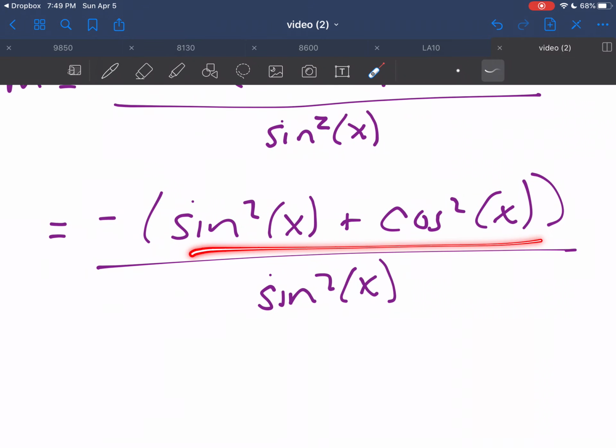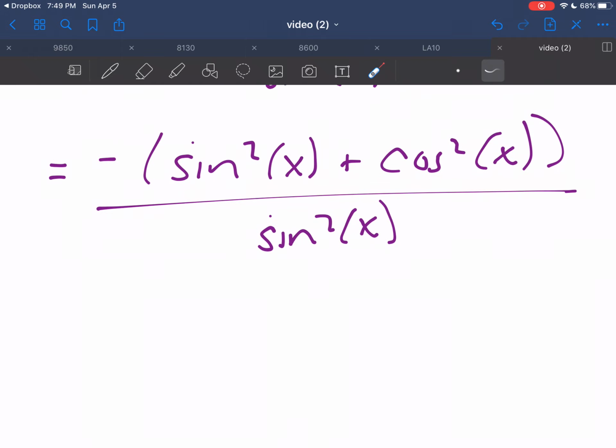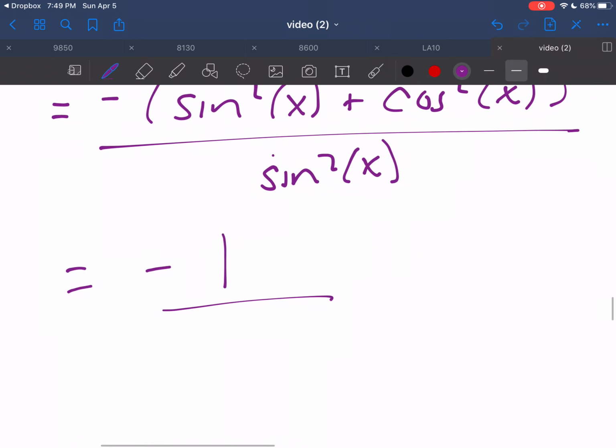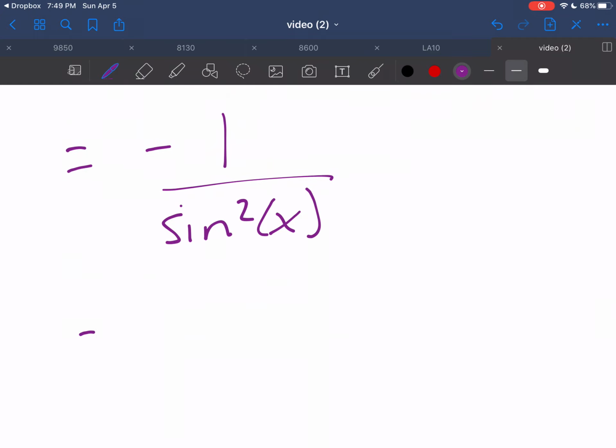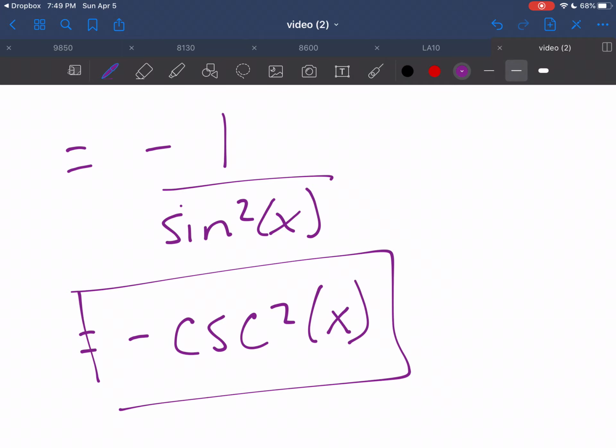And so then that gives us this identity. We know that sine squared plus cosine squared is equal to 1. So that allows us to simplify this, so it's negative 1 over sine squared. Which, if you remember your trig functions, is the same as the negative of cosecant squared.